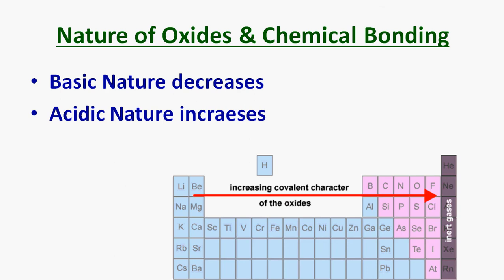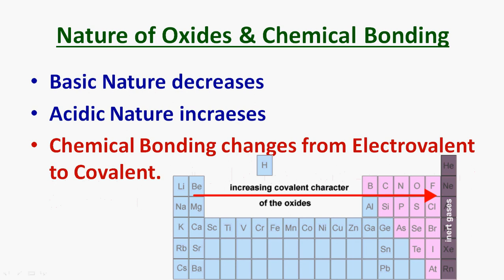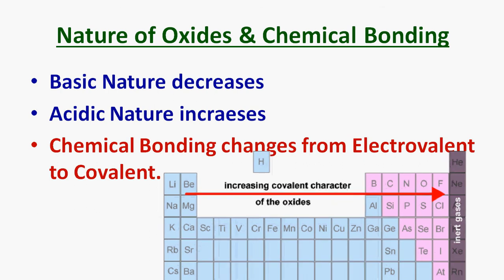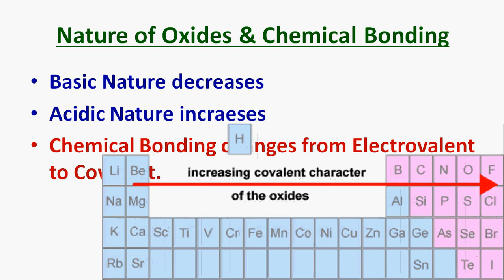Then the chemical bonding changes from electrovalent to covalent as one moves from left to right in a period. About this we will study in detail in the chemical bonding chapter. There you will have more clarity about this. Okay. So you can see here that as we move from left to right, the covalent character of the bond is going to increase and the electrovalency is going to decrease.